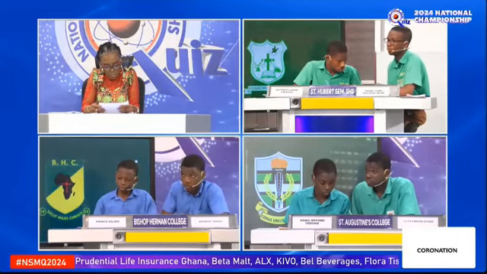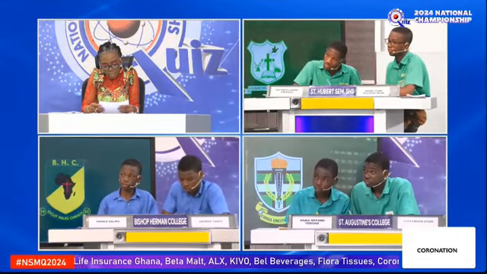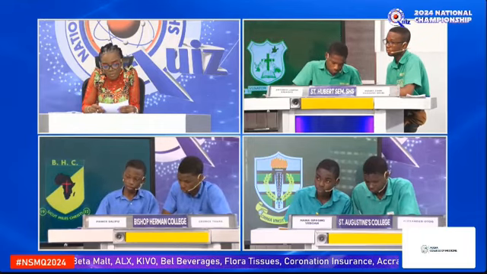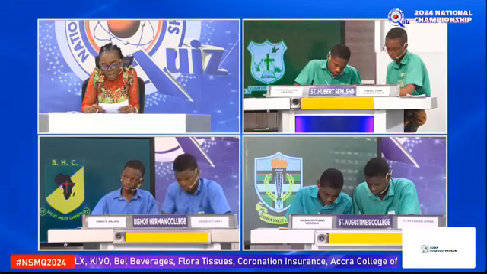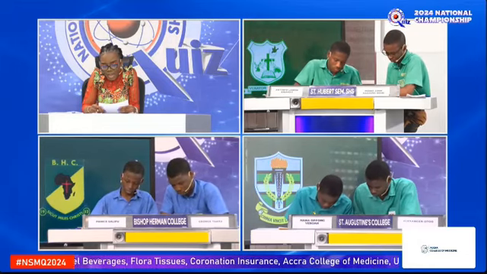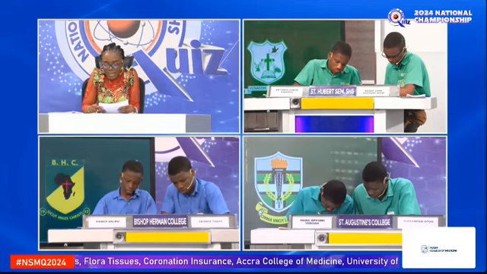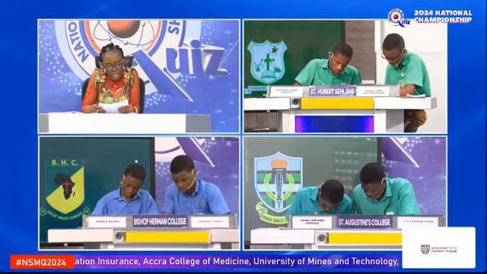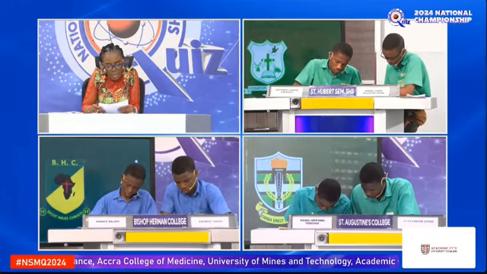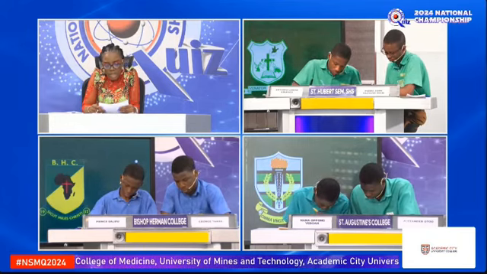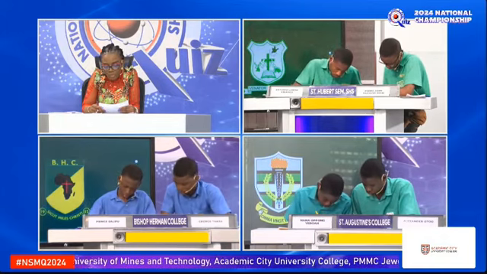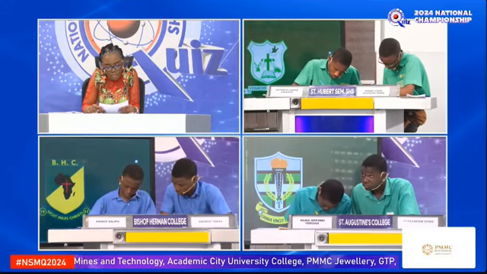First one. Given that the standard enthalpy of formation of sulfur dioxide and sulfur trioxide are negative 297 kilojoule per mole and negative 396 kilojoule per mole, calculate the enthalpy change for the combustion of sulfur dioxide.